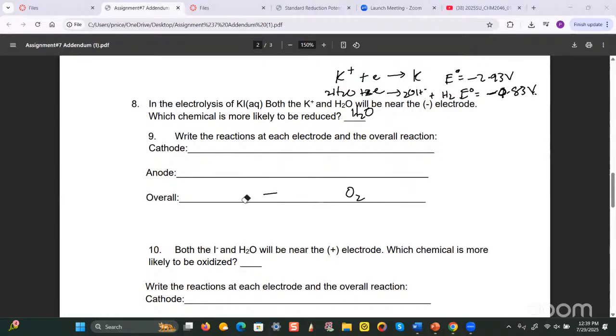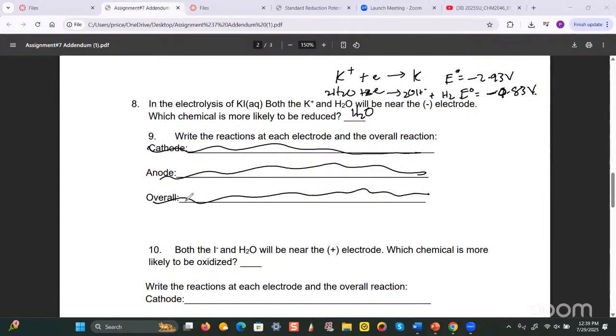I mistakenly put this here, so I'm just going to eliminate it. So let me scratch this out. I'm sorry about that, right? Because I didn't do the iodide part yet, right? So scratch that part out, all right? You're still going to put water here, right? But scratch this part out.